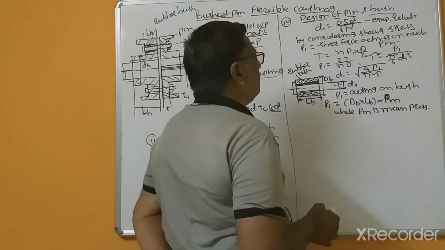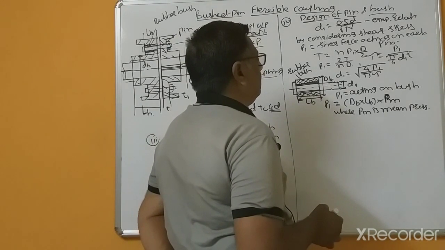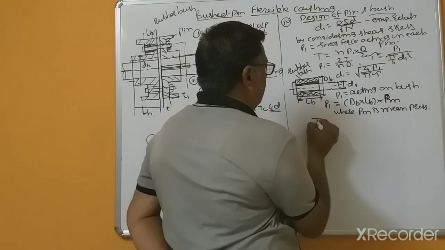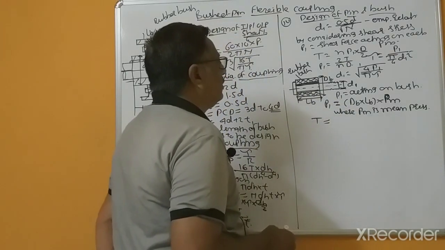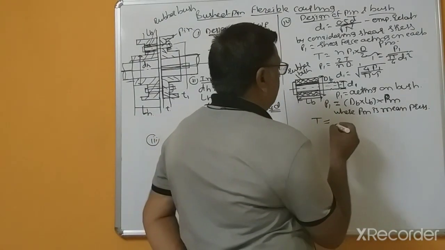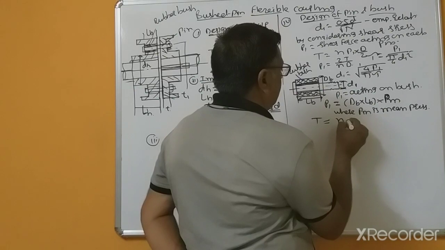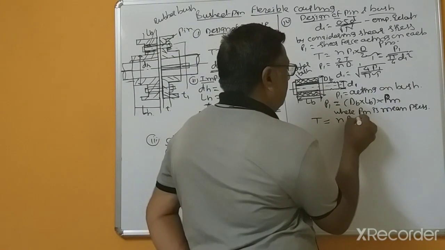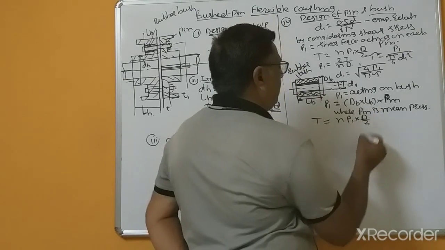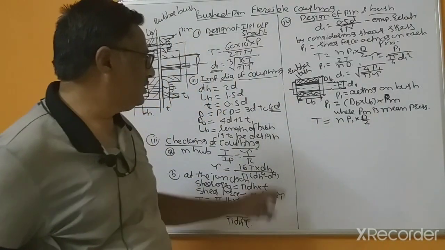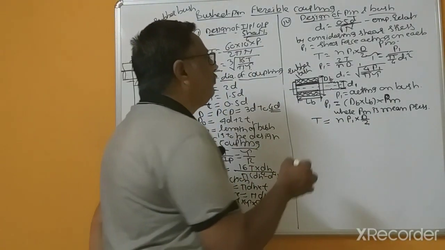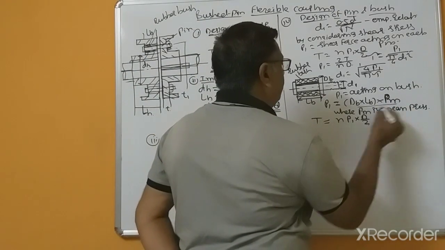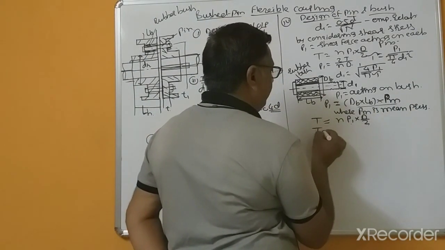And again, torque equals, what is the formula? Torque acting equals N into P1 multiplied by capital D by 2. This is the formula. Now put the value of P1 in this equation.